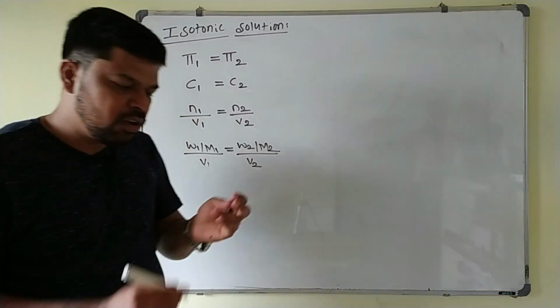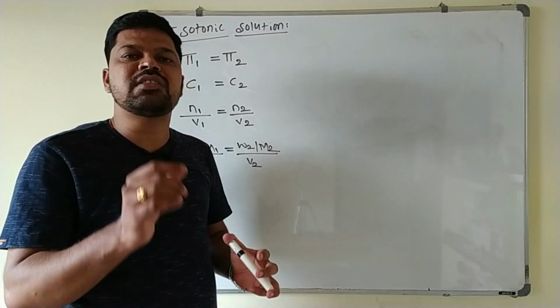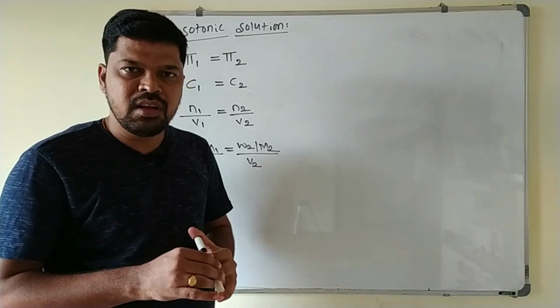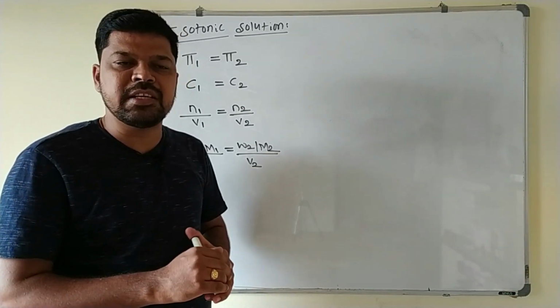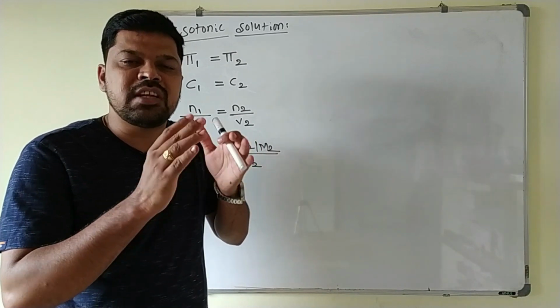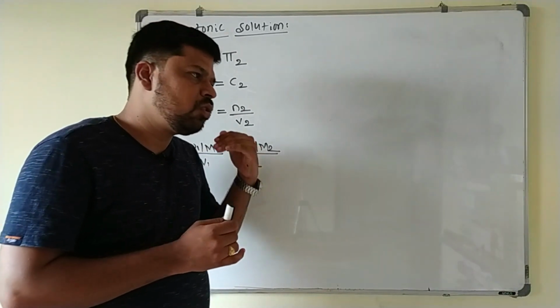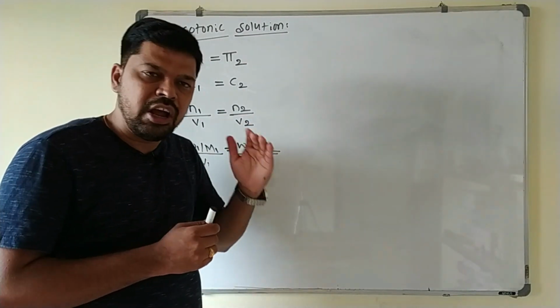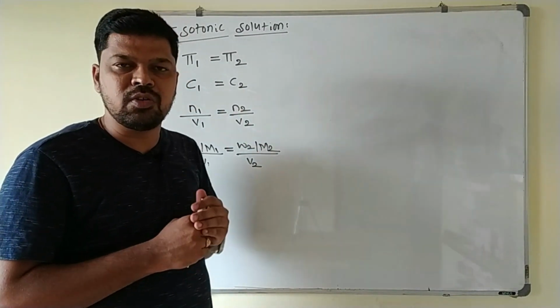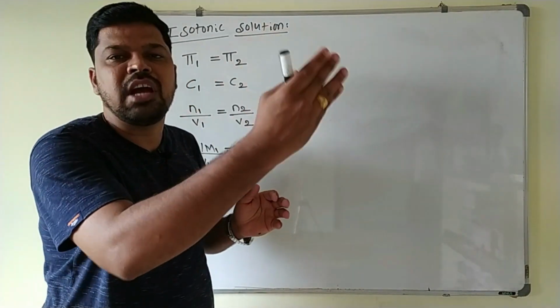Keep one thing in mind: for isotonic solutions, the concentration must be the same. Already we know that osmosis takes place whenever there is a difference in concentration between two solutions. The movement of solvent molecules takes place from lower to higher concentration, from the diluted solution to the concentrated solution, or from pure solvent to the diluted solution.